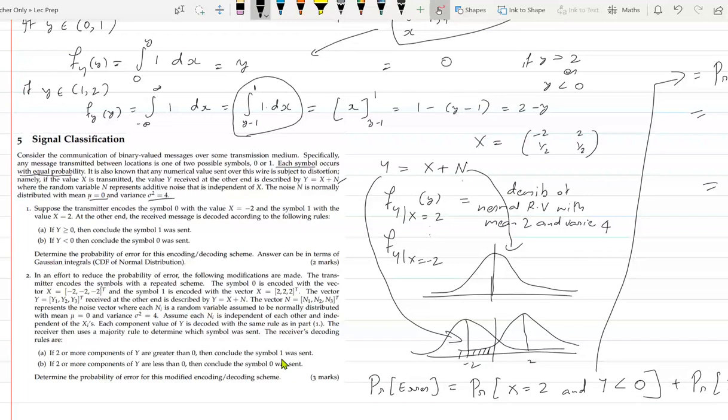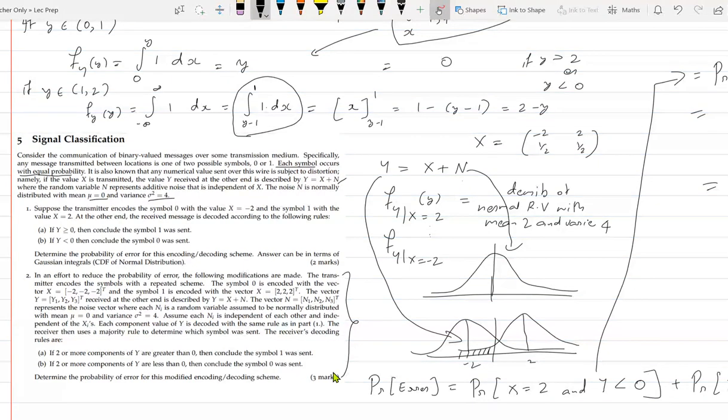Is the problem clear? So you just repeat the experiment 3 times and do the majority decoding. That is, you decode 3 times, and then you take the majority of what you got. If you got 1 more than once, then you will say I sent 1.